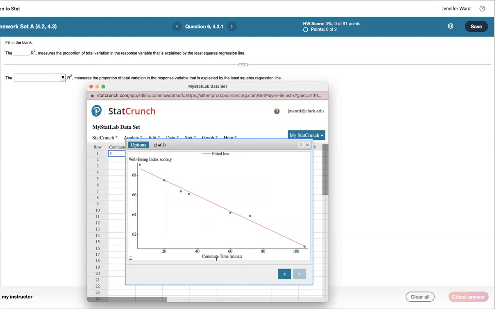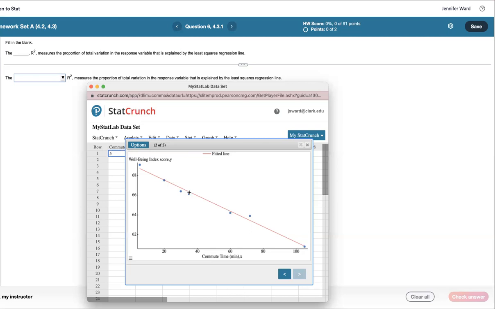So we know that there's a pretty strong relationship between commute time and well-being index. So this wiggle, because the points are not exactly on the line, some are, but there's a little bit of variation. It means that there's some other variables out there that are affecting someone's well-being score that we didn't study.